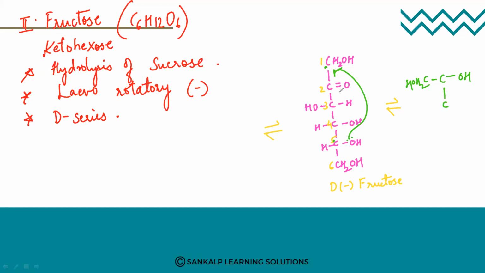Then the second structure will be C. Just a second, sorry. The attack will not be here. If the attack is taking place from here, if I attack on the keto group, the attack will take place at this carbon, that is from the OH group to the keto group. So just see the attack.